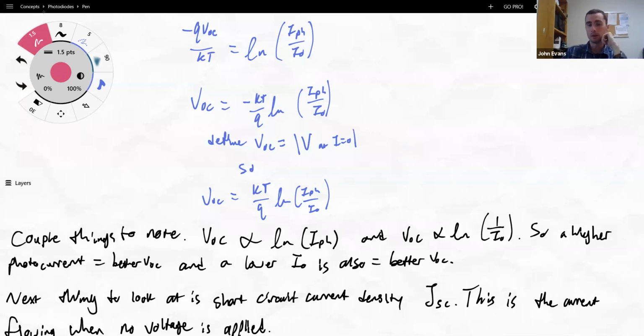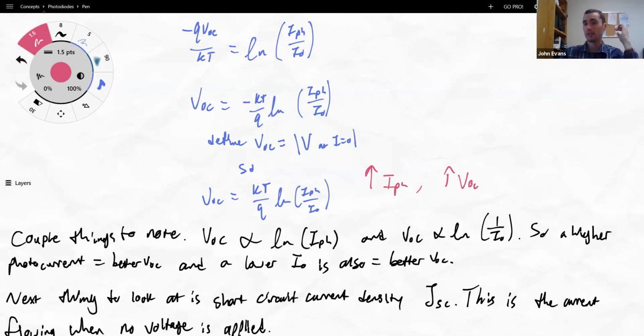So we can note that the VOC is proportional to the natural log of the photocurrent, which means that if we bump up our photocurrent, we must bump up our voltage, which is good. So what that means is that if you have a more effective absorber of light, if you're absorbing more photons at a time, you're going to get a higher voltage, which means you're going to get more power. You can give them more free energy.